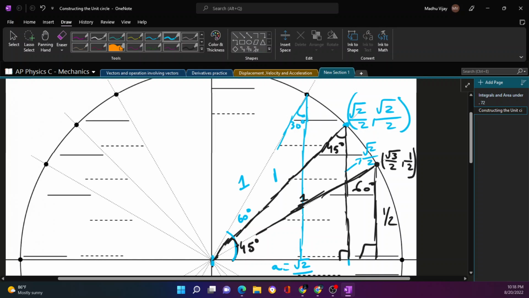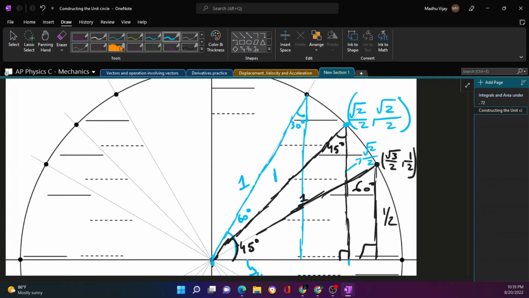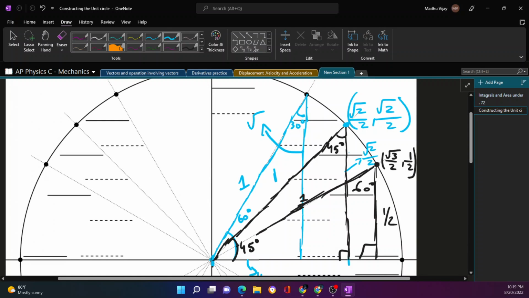Again, let me draw the hypotenuse so it's easy to visualize. So the hypotenuse is 1. We know this short side here was 1/2 when we did it earlier, so this right here is just 1/2. And this height over here is square root of 3 over 2.